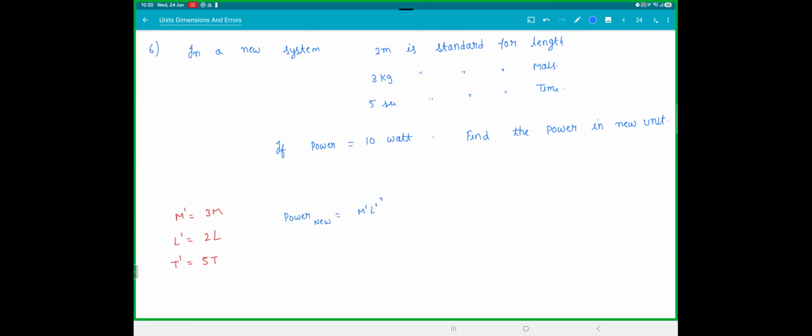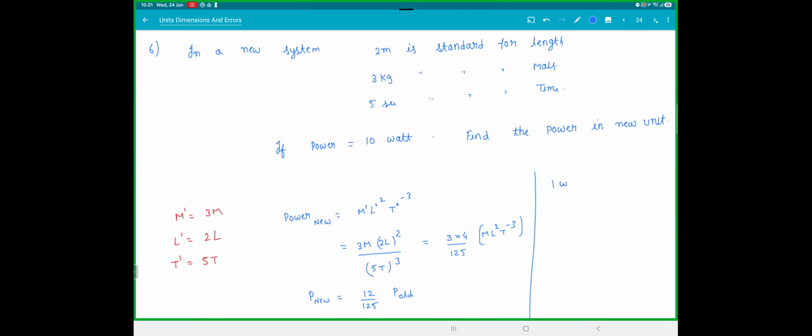So this is M L square T power minus 3. Check that formula there. So this is 3M, 2L whole square, 5T whole cube. That would be 3 into 4 by 125, M L square T minus 3. That's your old unit of power. So the new unit of power is 12 by 125 the old unit of power.